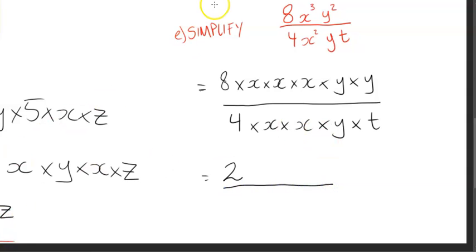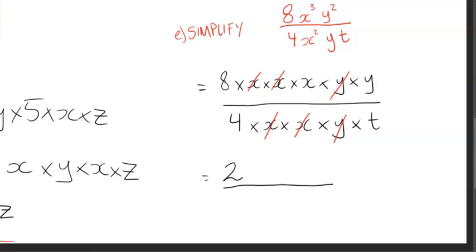Now let's cancel each letter 1 for 1. I see an x and I see an x. And what you haven't seen in the previous examples is that we've now got another cancellation we can do for another x with another x. We keep doing this 1 for 1 until we've run out of ways that we can cancel out. And here we have y's, so 1 y for 1, and that's all I can cancel out.